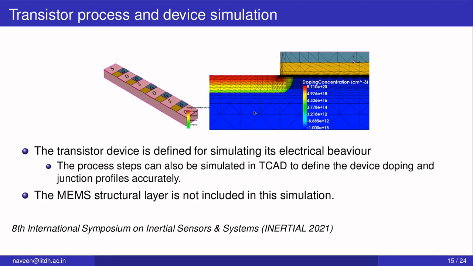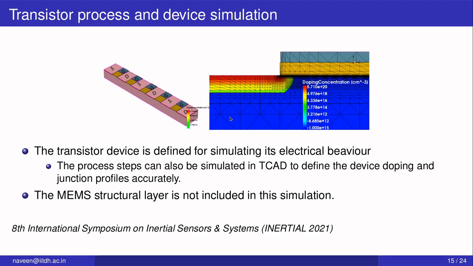So before you do this, you can of course do a process simulation to find out the actual junction depths for a given process. I am not talking about it here because that is something which we have done and submitted to a conference. It's going to be presented towards the end of this month in IEEE Inertial. But nevertheless, even if you don't do a process simulation, even if you do just the device simulation, you can predict the current through the transistors for the given gate positions that you have.